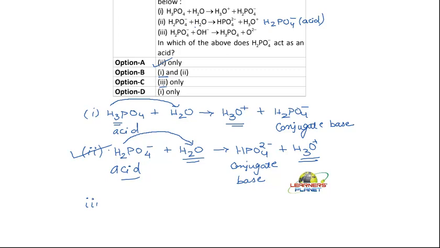Now the third option: H2PO4 minus plus OH minus is giving H3PO4 plus O2 minus, right? So here see, from where has hydrogen been transferred? From this OH minus, hydrogen has been transferred to H2PO4 minus.